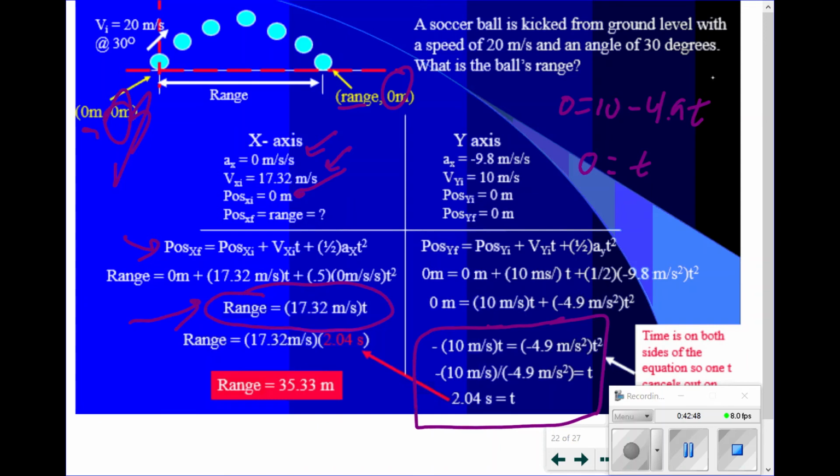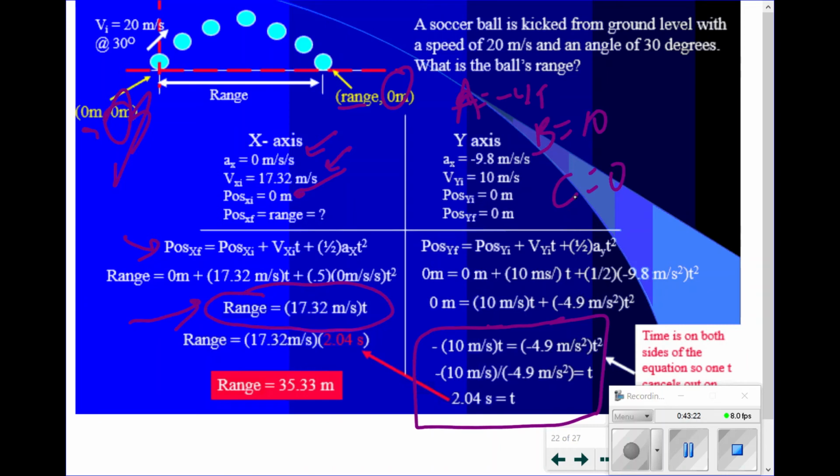And you could also say the following. You could say capital A is equal to negative 4.9, B is equal to 10, C is equal to 0. And you could use the quadratic formula, where x is equal to negative B plus and minus the square root of B squared minus 4AC, all divided by 2A.